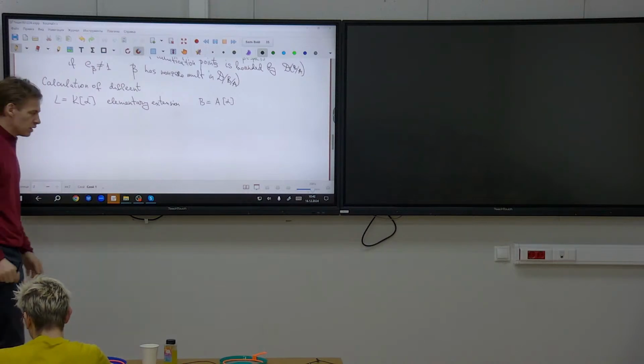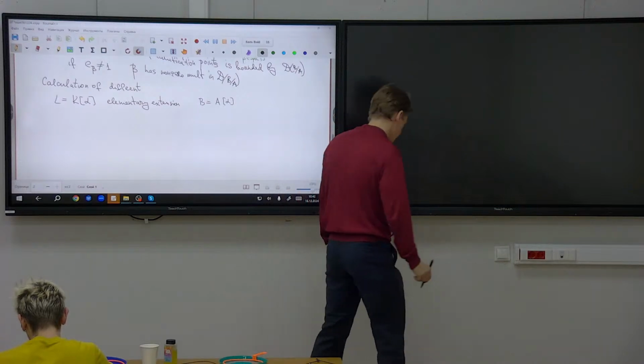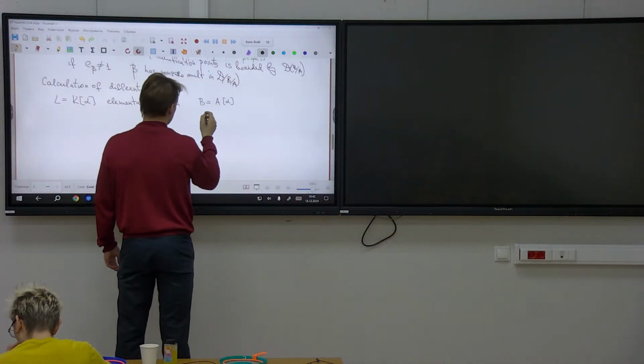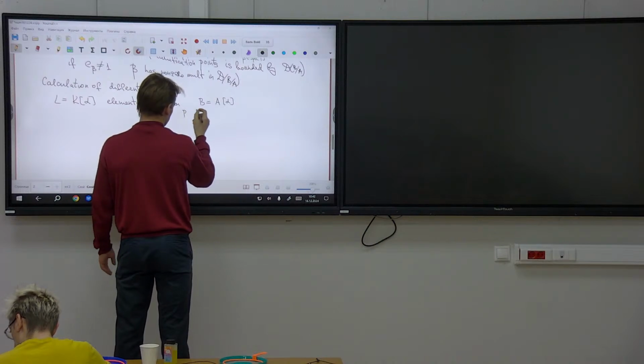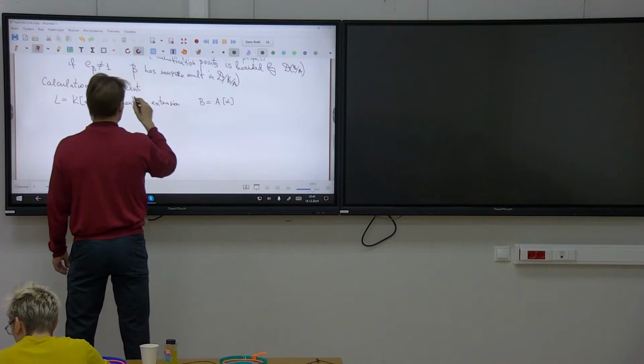Yeah, and we can take an element, so it works for integer polynomials. At least you should know that B has alpha as a root of an integer polynomial.